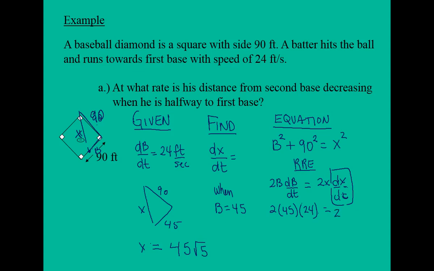So we'd have 2 times 45 times the square root of 5 times dx/dt. And now we can solve for dx/dt. You would divide both sides by 2 times 45 times the square root of 5.